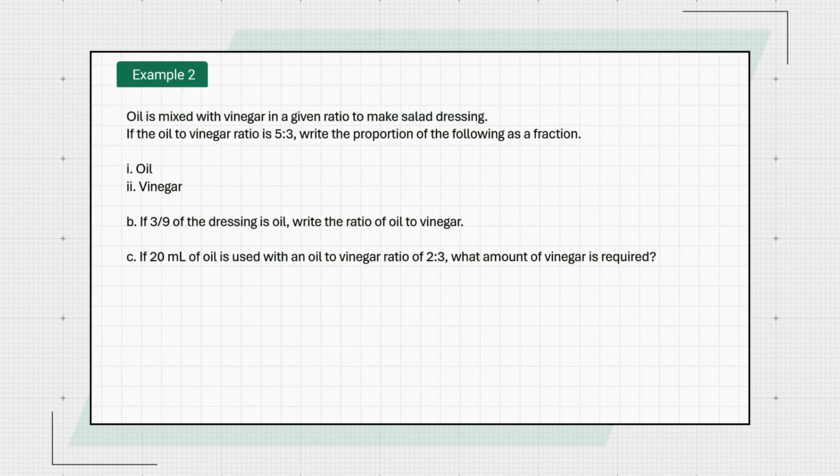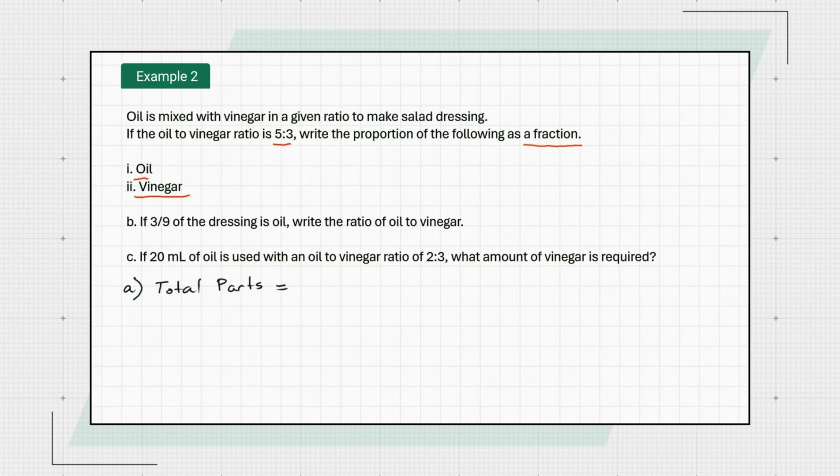Alright, this one's another similar question, except this time we're mixing oil and vinegar to make a salad dressing. And the ratio we're using is 5 to 3. Our first question again is to write that as a fraction for oil and a fraction for vinegar. So, if we call this part A, then we need to work out the total parts.